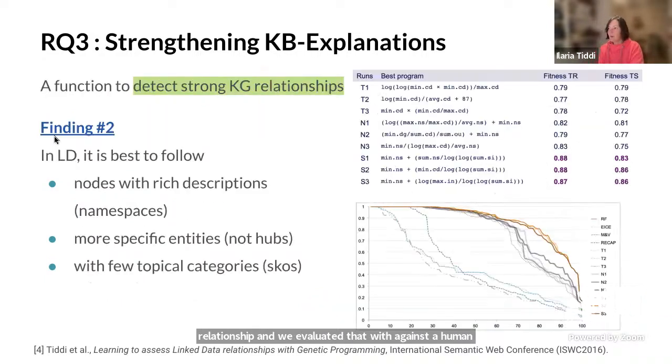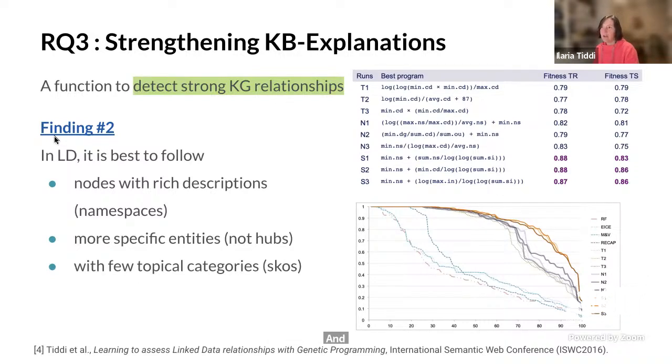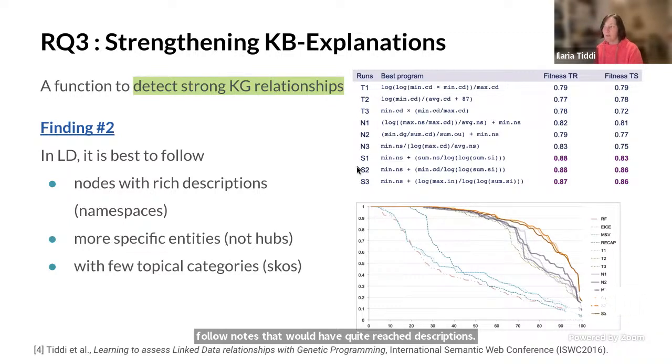And actually, what came out from this study was that the best thing for us would have been to follow nodes that have quite rich descriptions. So here you have different examples of functions that we tried, and here you have the best performing ones. The best functions that we could find were really the ones focusing on following nodes with rich descriptions, that have quite a good number of namespaces.